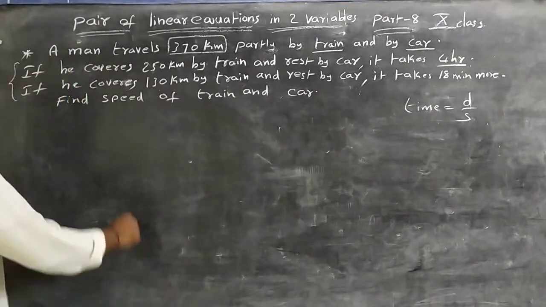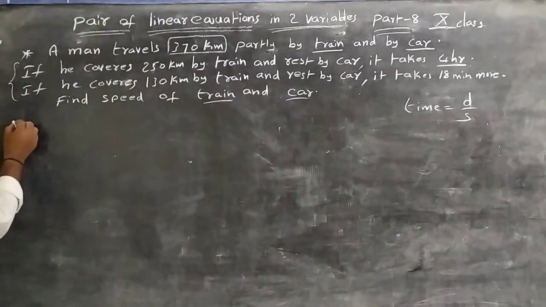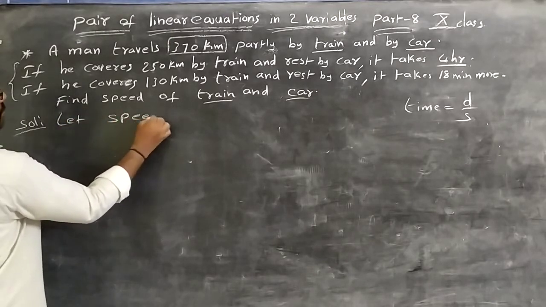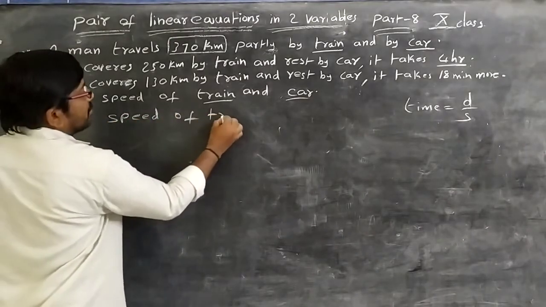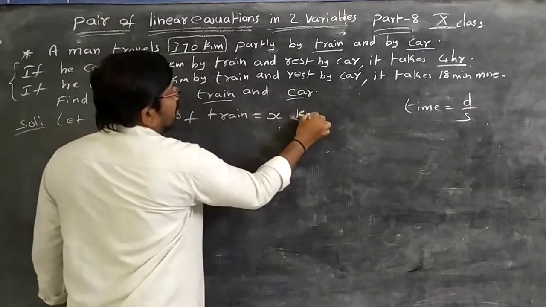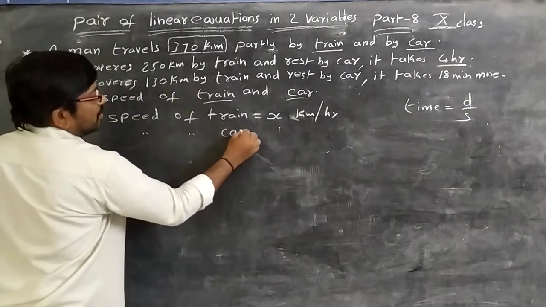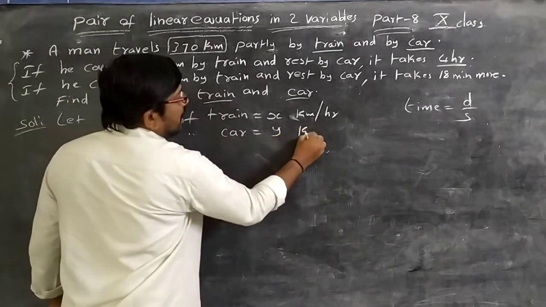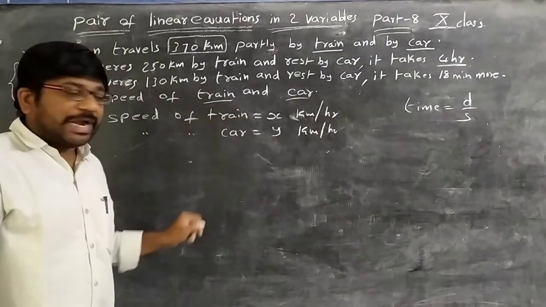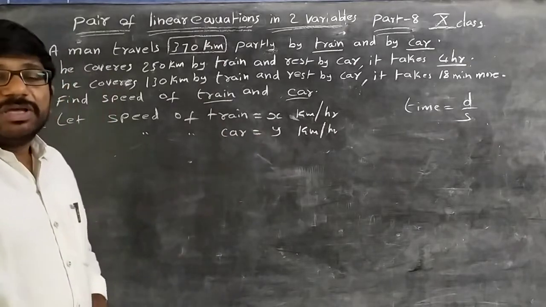Here let the speed of the train be x kilometers per hour, and the speed of the car be y kilometers per hour. In this we have to find the x and y values.